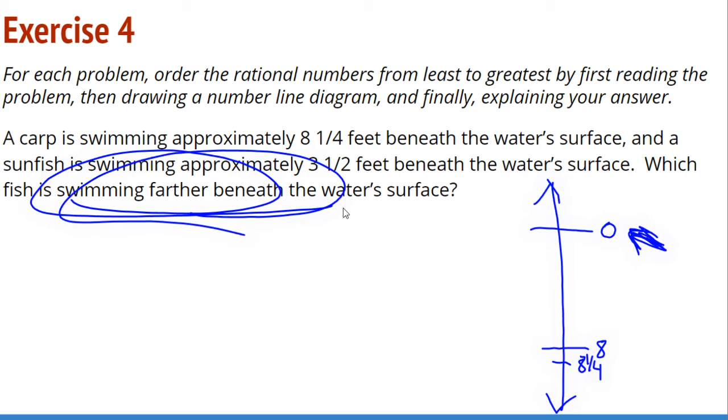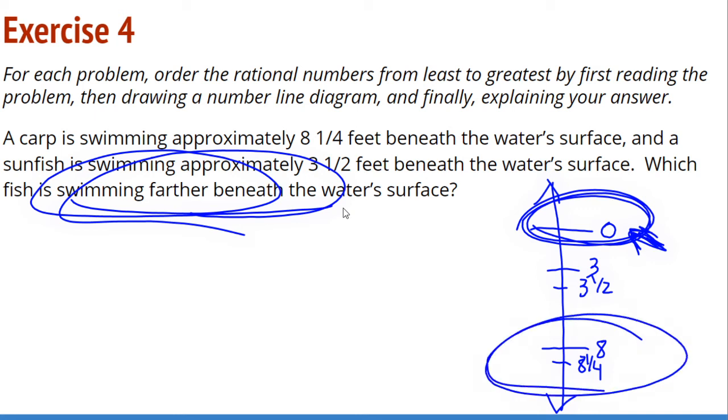Well, my second fish is only 3 and a little bit more, 3.5. So compared to 0, which one is farther below the water surface? Well, that would be the fish at 8 1/4 feet. So the carp is swimming farther beneath the water surface.